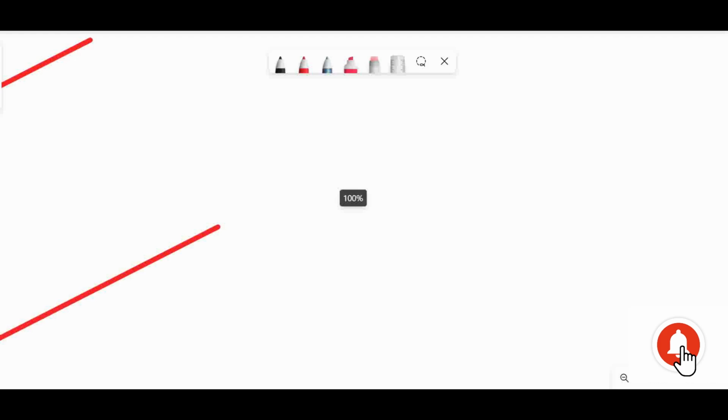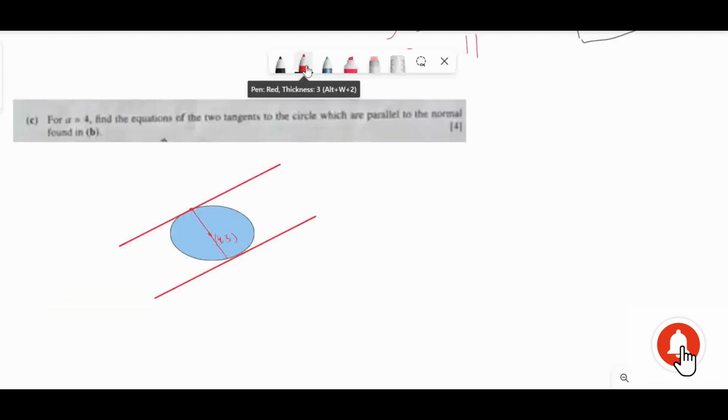Now let's see the first point. This was the equation of the normal, y is equal to minus 1 by 2x plus something.